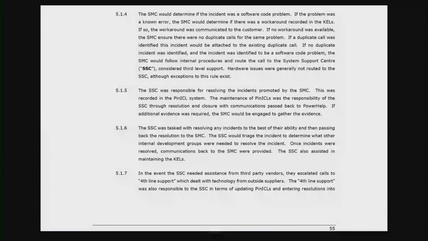If there wasn't a workaround, the System Management Center would ensure that there was no duplicate calls for the same problem. Just explain that. Right. So it's very possible that if there were an issue with Horizon, there could be multiple calls coming in about the same issue, and perhaps there was a difference in timing when call 1 to call 10 came in.